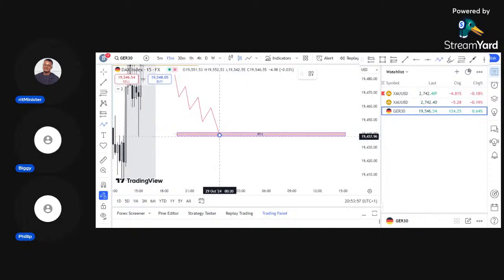So this reaction to the upside, now, if it's a 4 hour zone, I am not taking that SCOB.